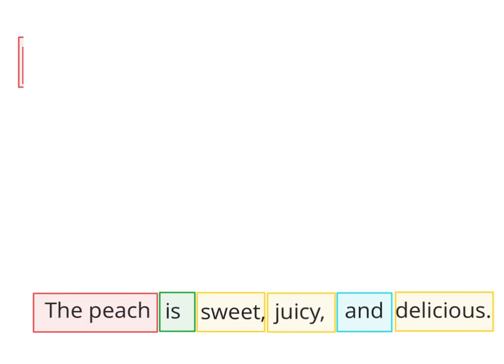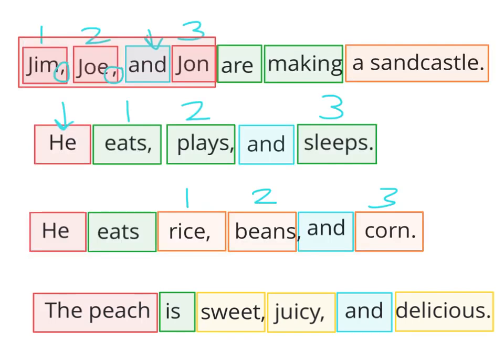It does not change the meaning. We could say the peach is sweet, juicy, and delicious. We could say the peach is delicious, juicy, and sweet. So on this page, we can see how there can be 3 subjects, 3 verbs, 3 objects, or 3 adjectives.